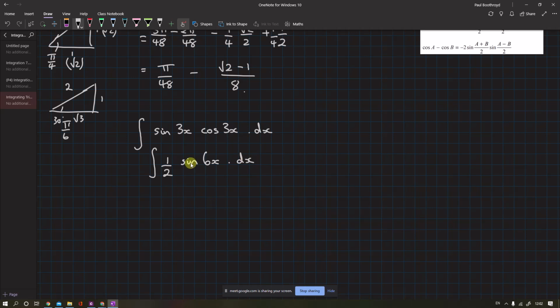Now I'm doing my integration. Integrating sine becomes a negative cos. The 6x stays. The 6 also comes out as a denominator, so it's 12, and we get dx. And you can do that by substitution, that piece.